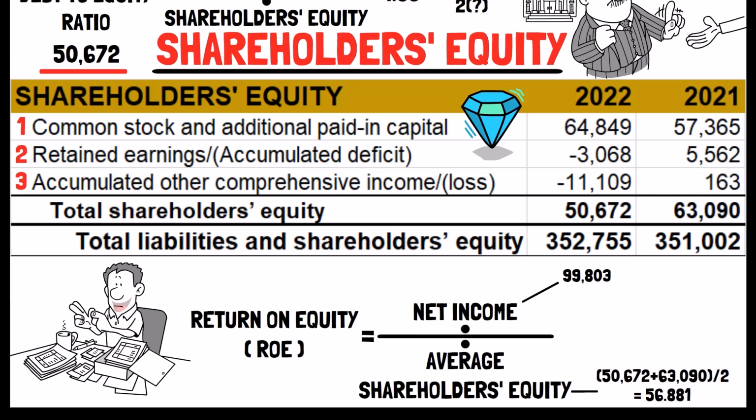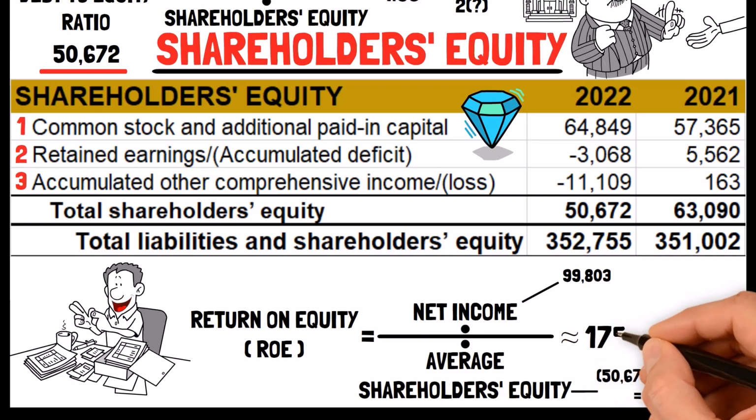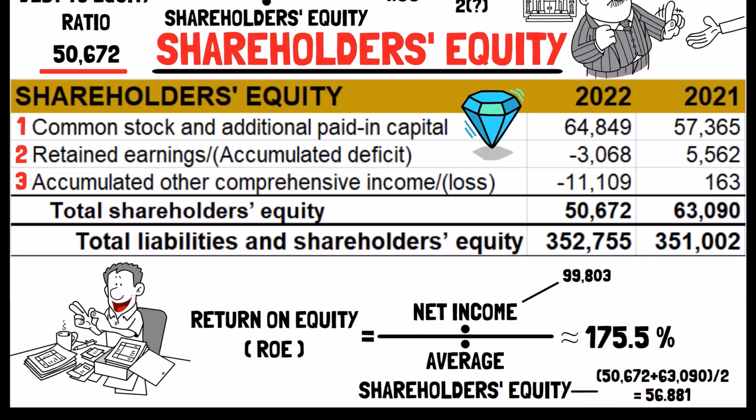All numbers in millions. The quotient equals an astonishing 175.5%. To get a grip on the number, even if it's very sector dependent, a good ROE normally ranges between 15 to 20%.